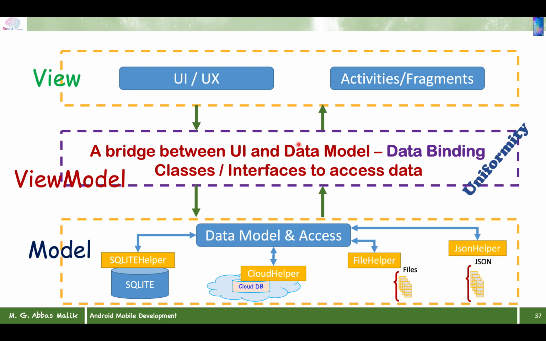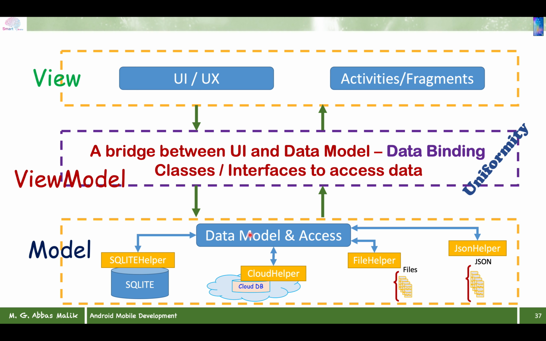So this is a separation of concerns in three different layers, and that will help us. We can change the data model without changing the view. If we don't change the view model and we change the whole data model, then the user doesn't need to know about it. For example, if we are using a local database, we can ditch that local database and start providing the data from the cloud.